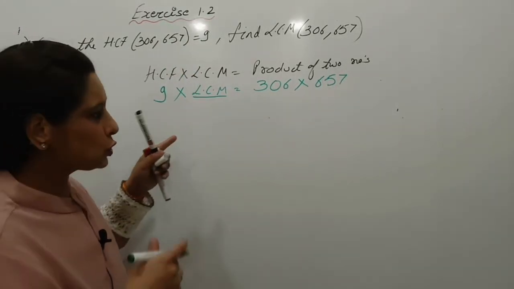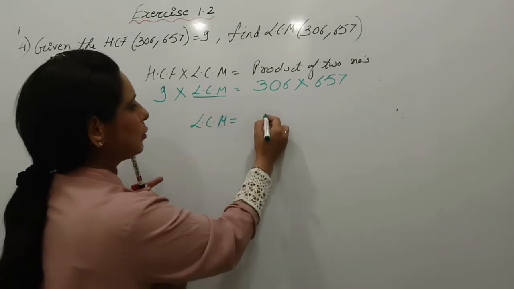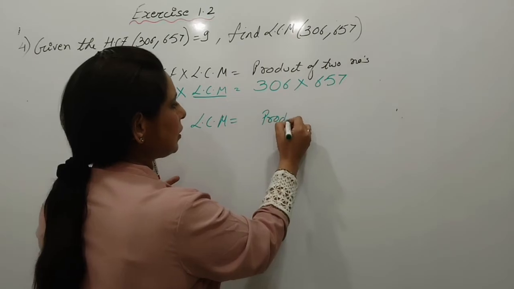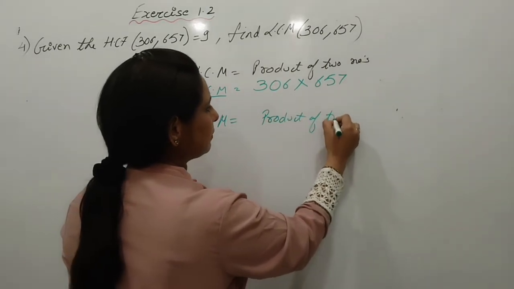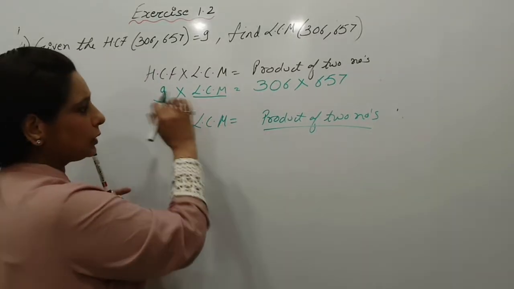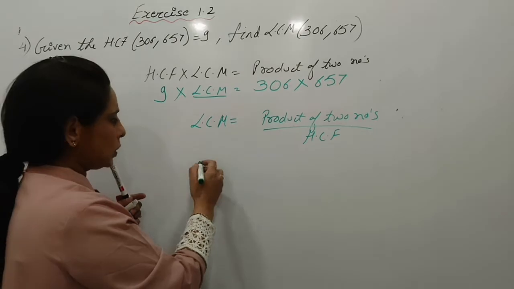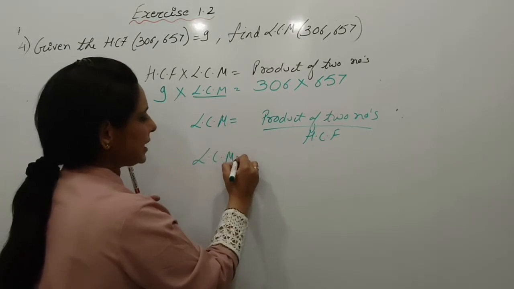So what we will do, what our formula will become? Our formula will become LCM is equal to product of two numbers divided by, this HCF will go down, divided by HCF. So हमारा LCM कैसे आएगा?